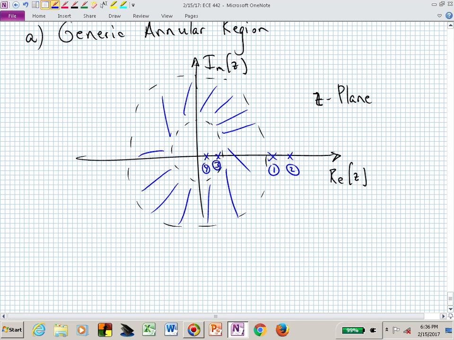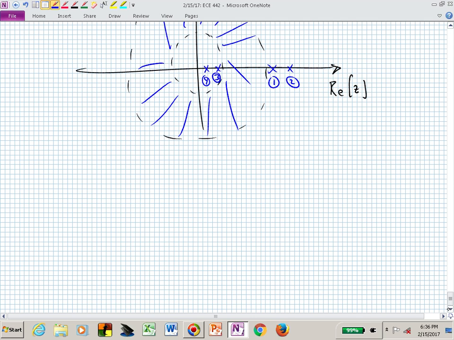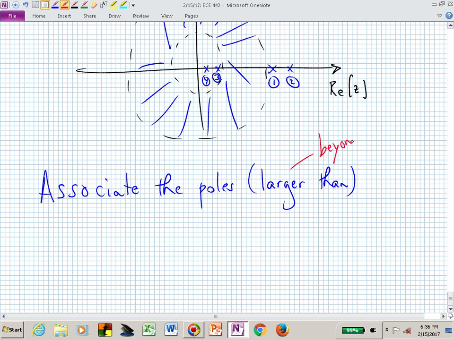What we want to do now is make the following observation. We want to be able to associate, and this should be clear from the previous example, the poles larger than, I never know how to word this to make it clear. Now I'm talking about the poles.